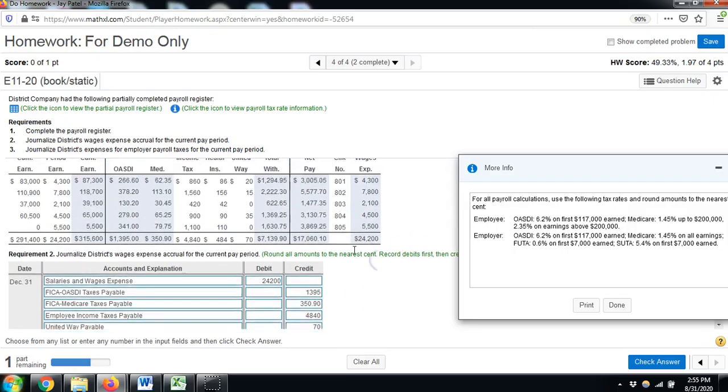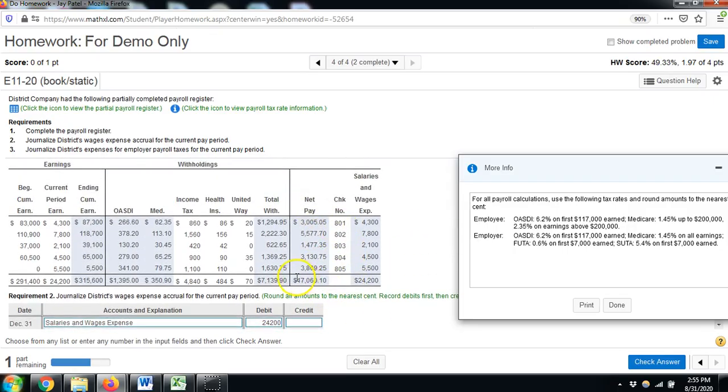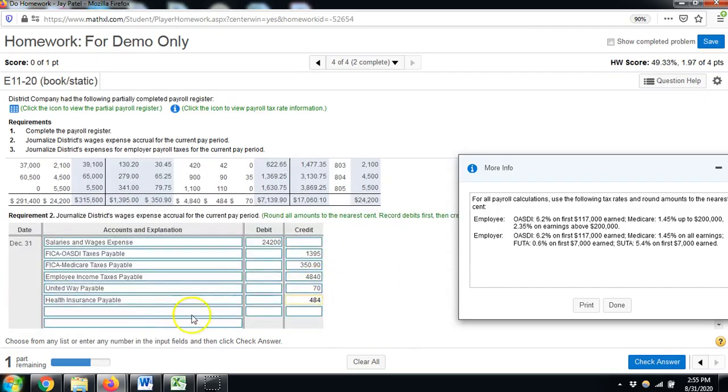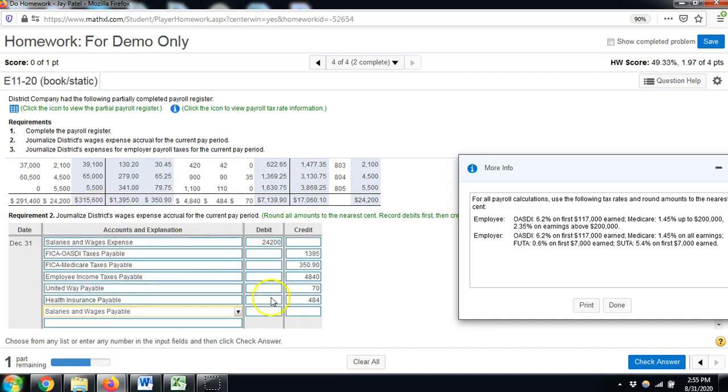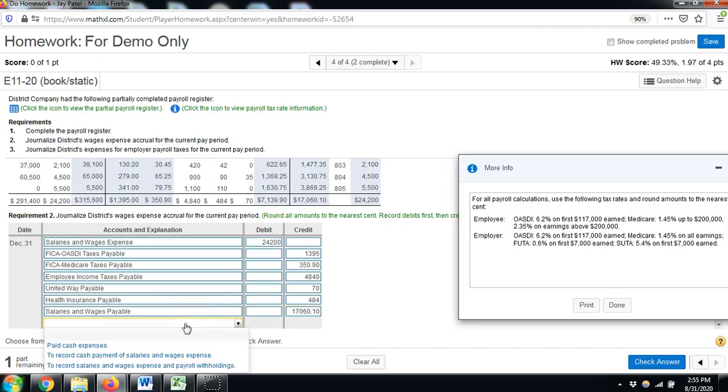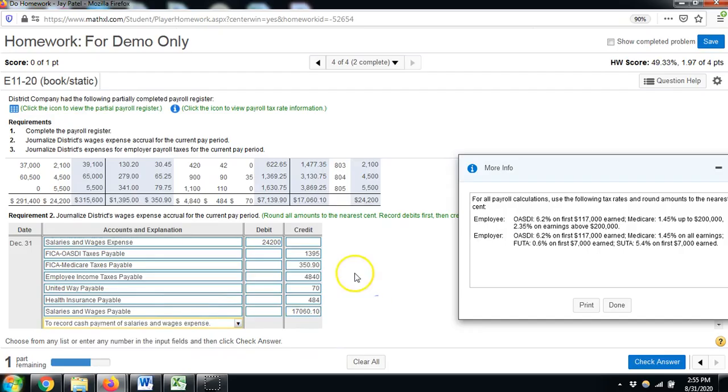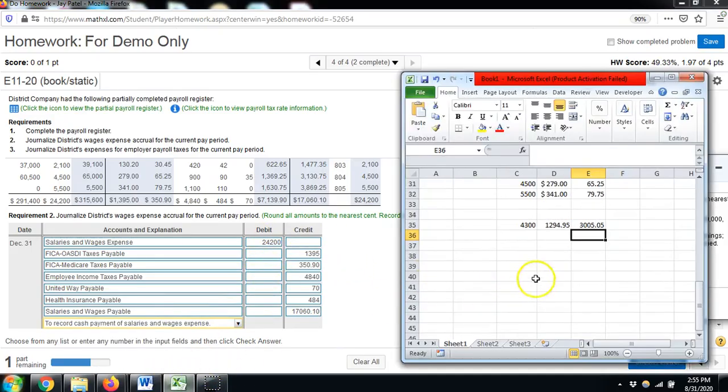And then finally, we have net pay of this amount. So this is going to be the actual cash we're going to give to our employees directly. And it's asking us to accrue it, so we're not yet paying it with cash. And so this is to record salary and wage expense. Let's make sure all this adds up and prove it to you.